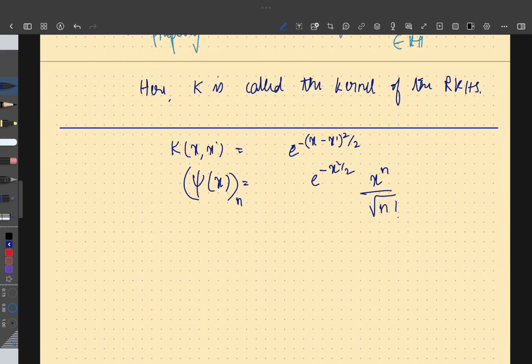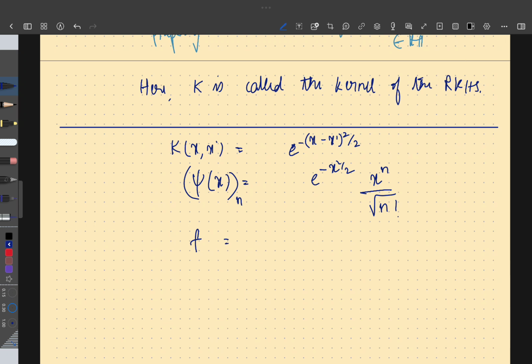So one way to think about it is, suppose I have some function f, which maybe can be represented as a Taylor series. So express f in the Taylor series approximation. So f is a function, and this has an equivalent representation in the higher dimensional space.